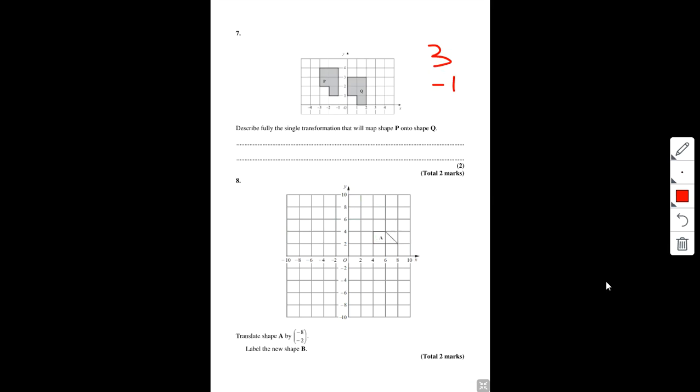Take the screenshot. Question 8 is for homework. Okay, now we do the next one.